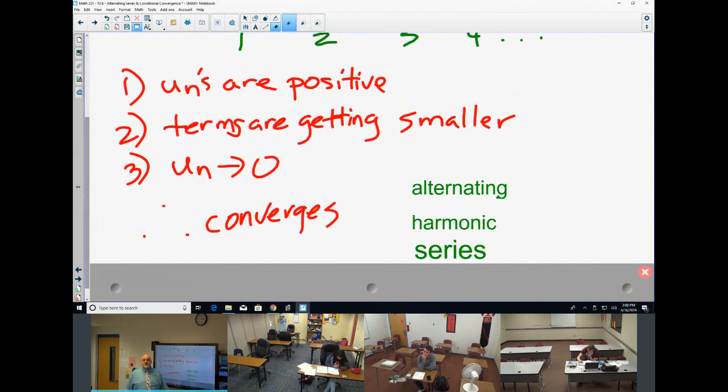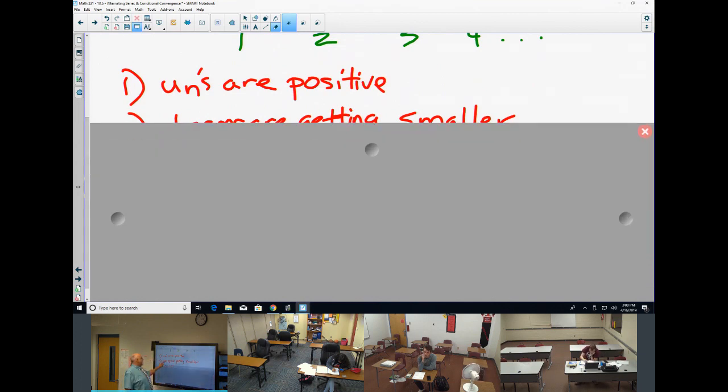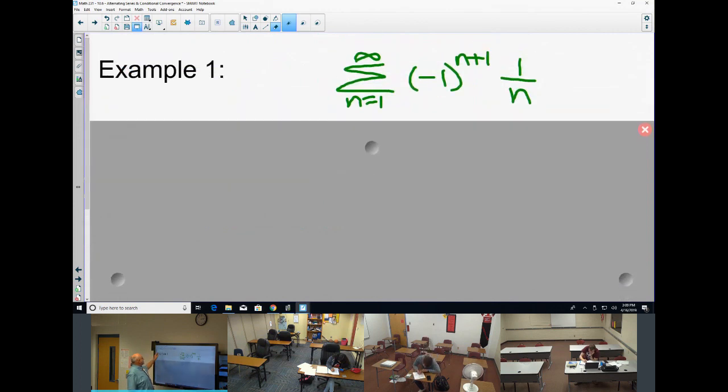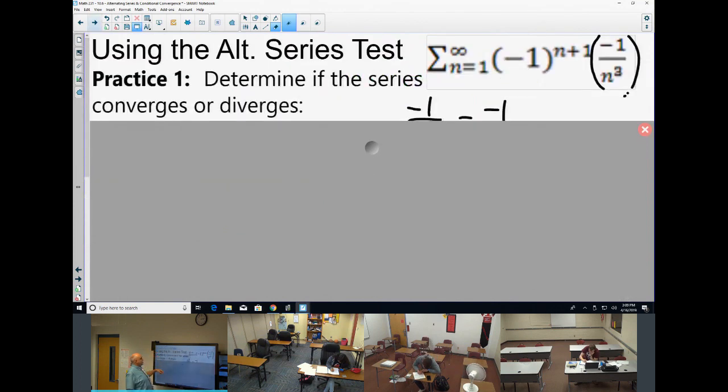Now, what's kind of special about that is just the harmonic series diverges. But the alternating harmonic series, as we've just seen, converges. Because it satisfies these 3 conditions. Okay? All right. So let's have you look at practice 1 and see what you think about that.